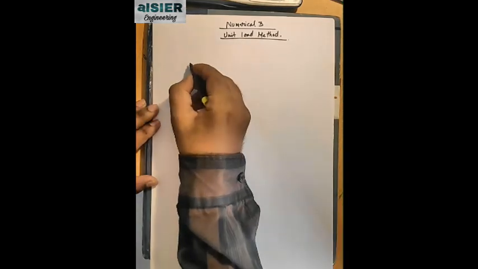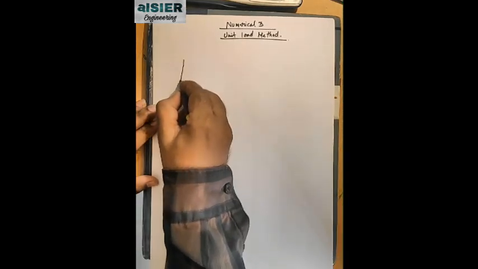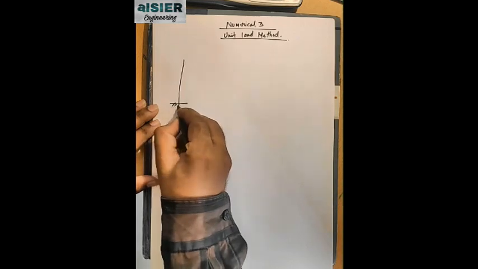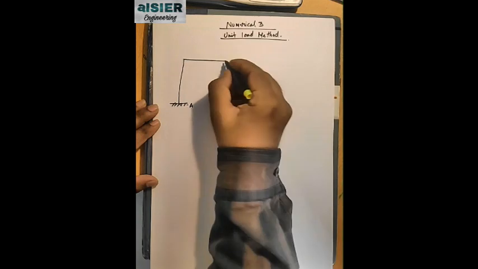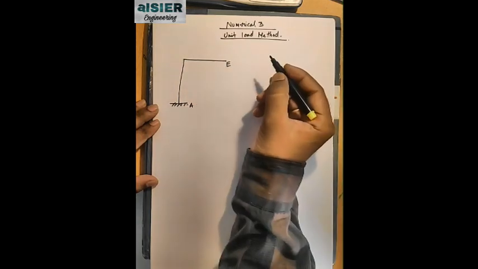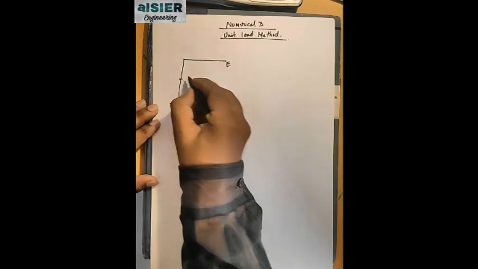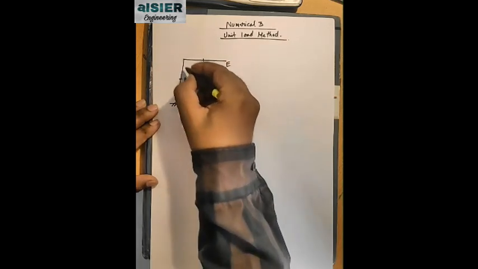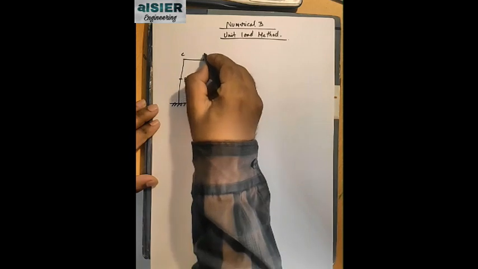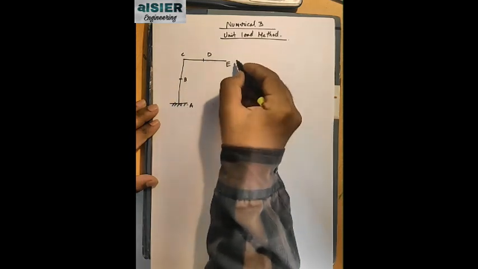In this numerical, a frame is given with fixed end at A and free end at E, and this frame is divided into four portions: portion AB, portion BC, portion CD, and portion DE.